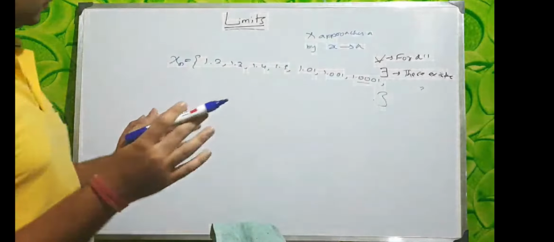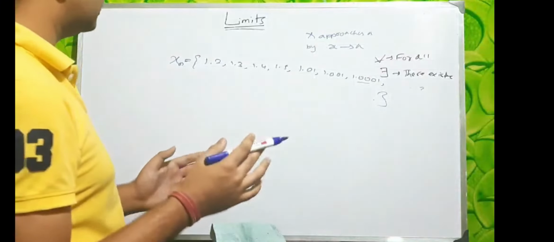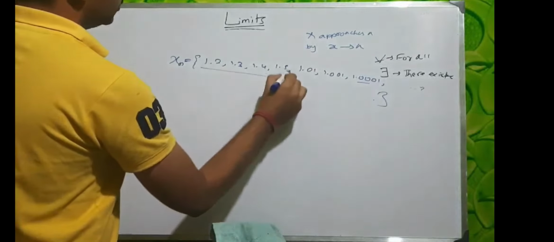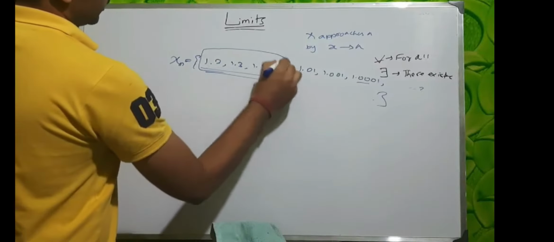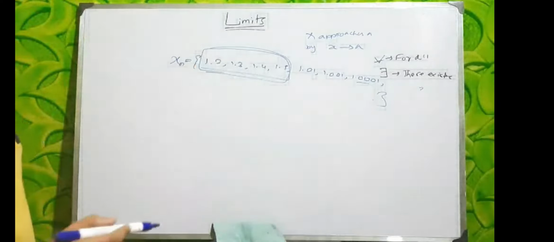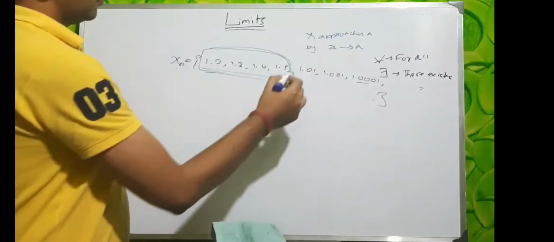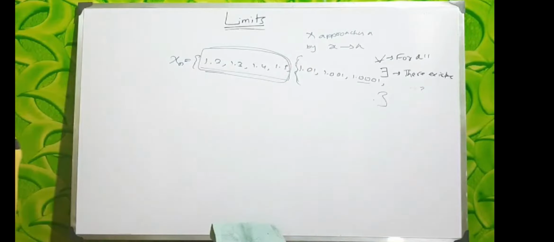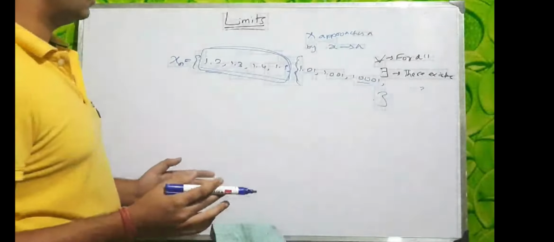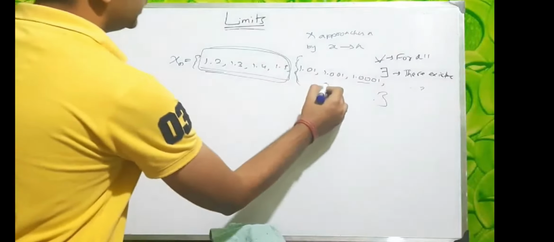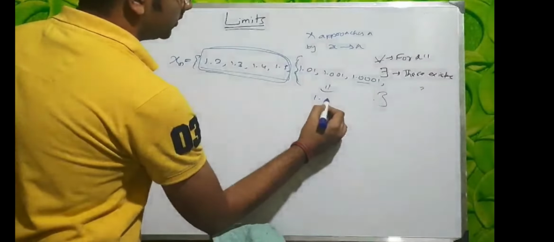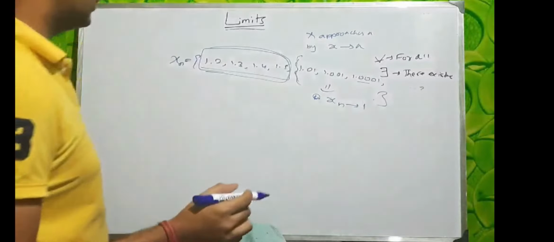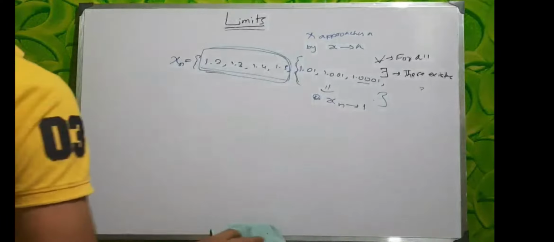Is it approaching some particular number? In this case we would ignore these numbers. Finite numbers don't actually matter in these sequences and series. What we are interested in is the infinite sequence, and what its limit is. So in this case, yes, it's approaching 1. There's nothing wrong in that. We can say x is approaching 1. That's correct.